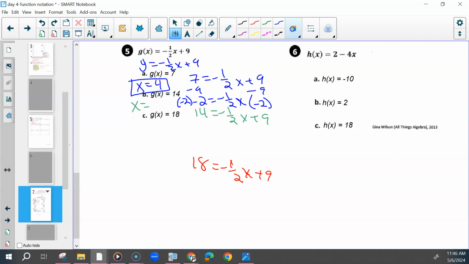What would your x value be? And then do the same thing for C.